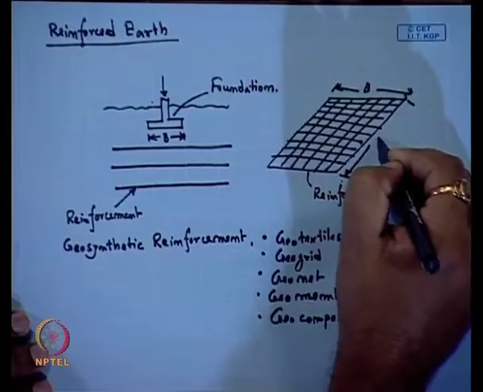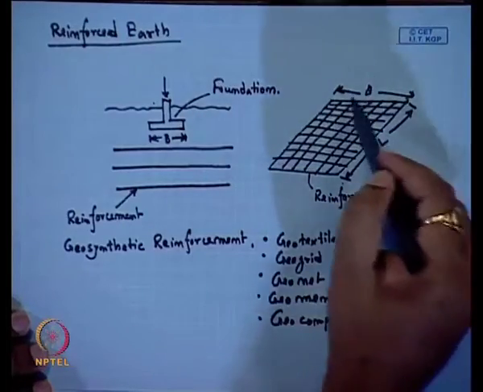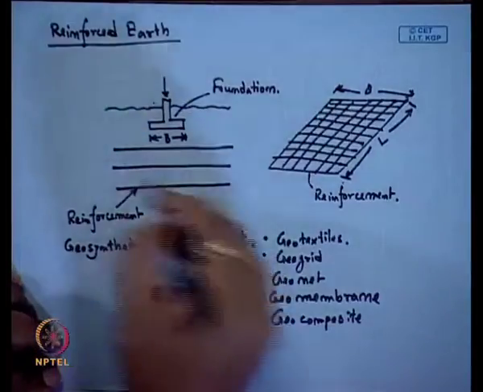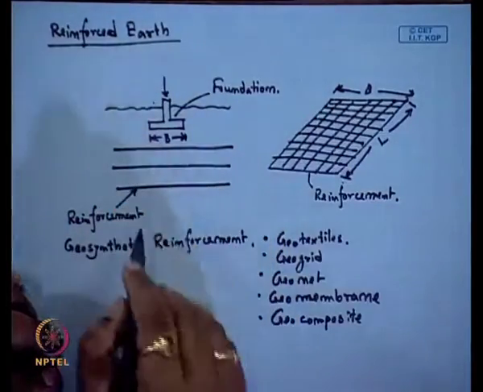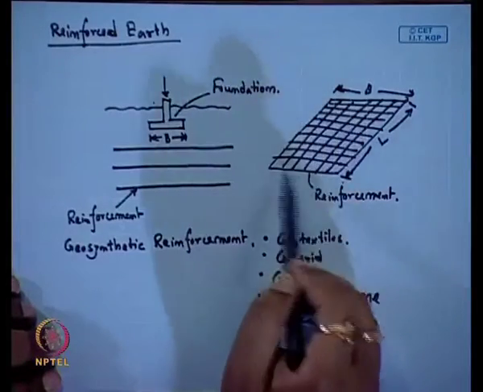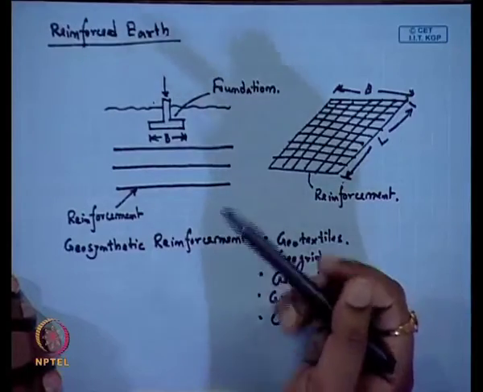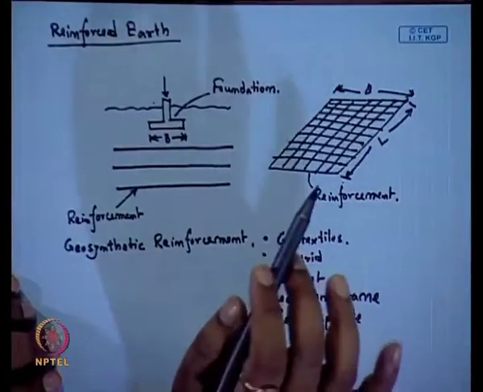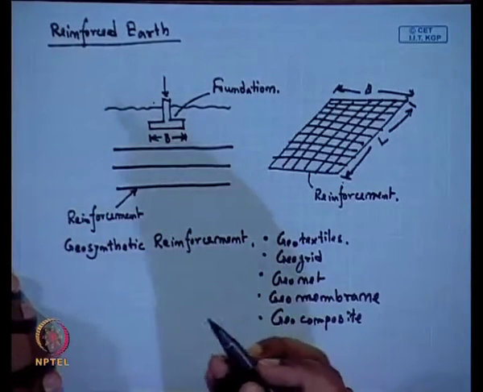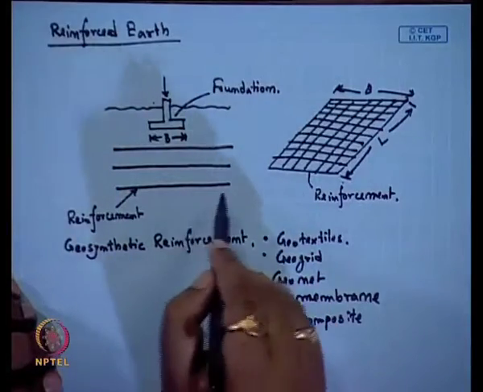Suppose if I place it below the foundation, we will place it with length L and width B if it is a rectangular footing. If I take the section, you will get this type. That means inside the soil we place this sheet type of material to increase the bearing capacity of the soil. Basically, this geosynthetic reinforcement has to be inserted in the soil and it is placed horizontally.